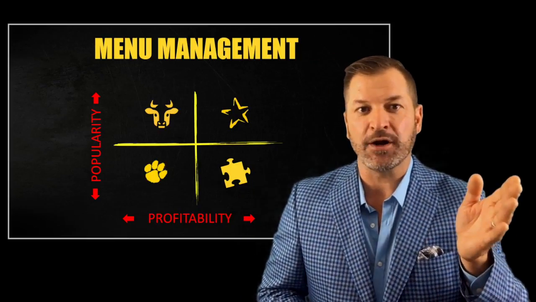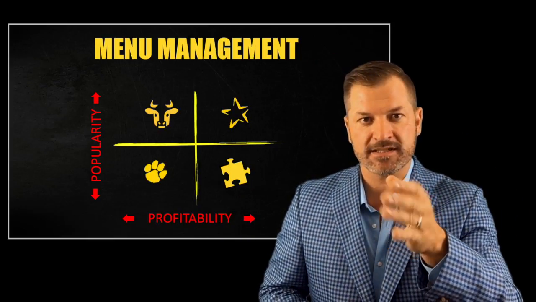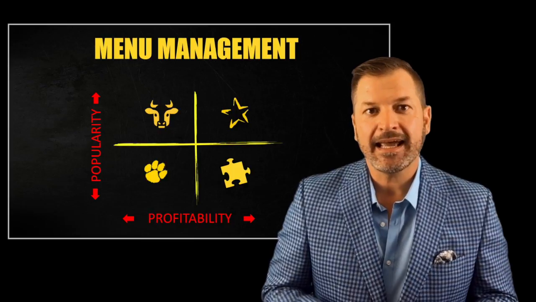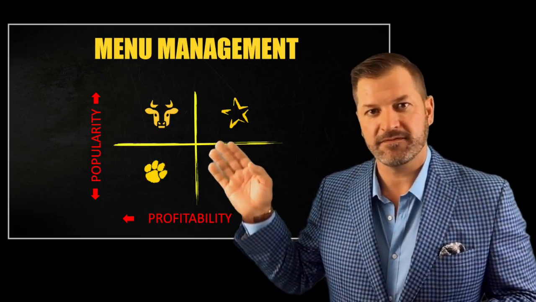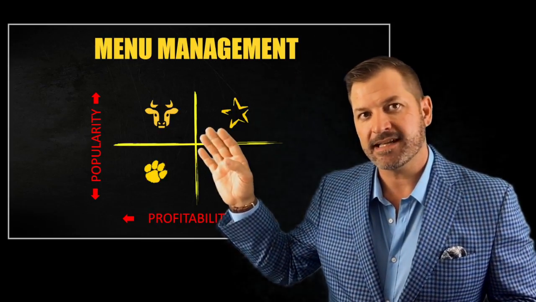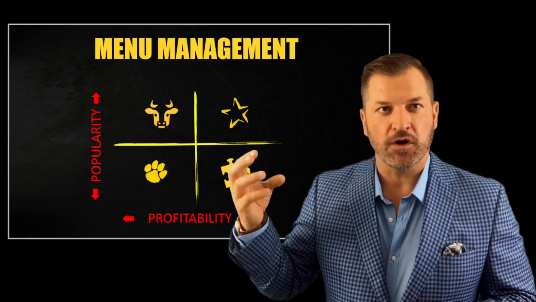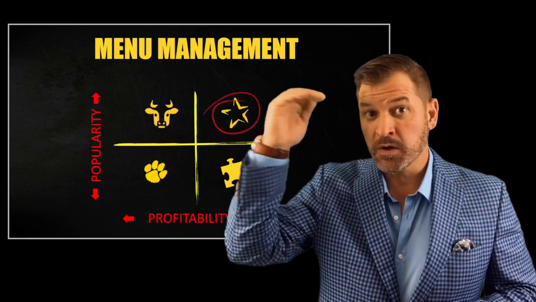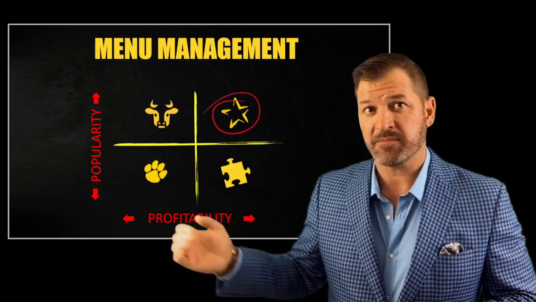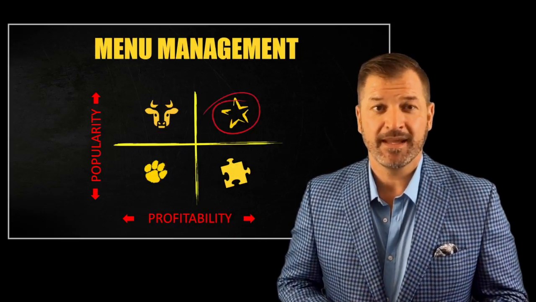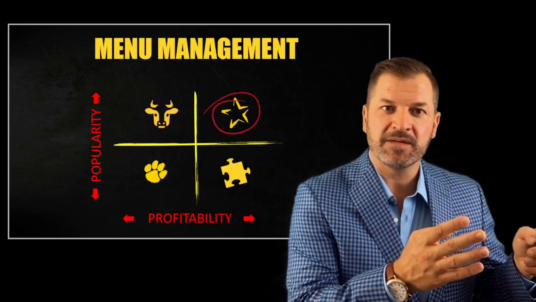We should know our ideal cost or our recipe cost on every one of those items, and by virtue of that, we can figure out, according to this index, what is a star? What are my items that are most popular, that I sell the most of, and that make me the most money, or are most profitable?